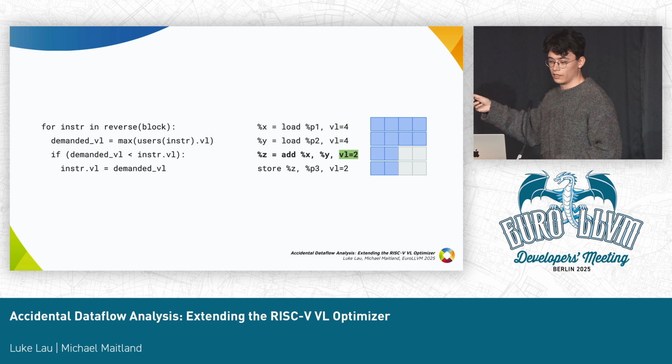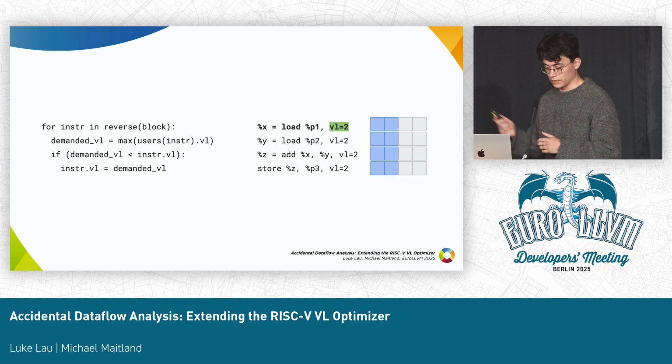For every instruction, it'll look at its users, take the maximum VL that is demanded by each of its users, and then reduce its VL if it's possible. And then this repeats, and the way it works is that it bubbles up. And so it's able to reduce the VL of entire trees, and it's a pretty simple algorithm, which is fantastic.